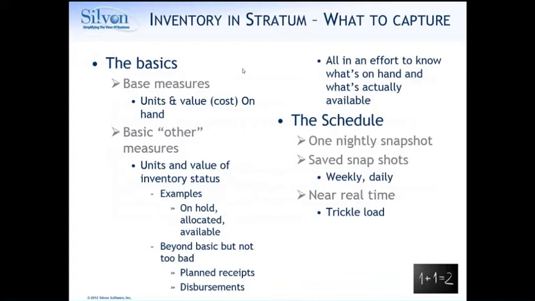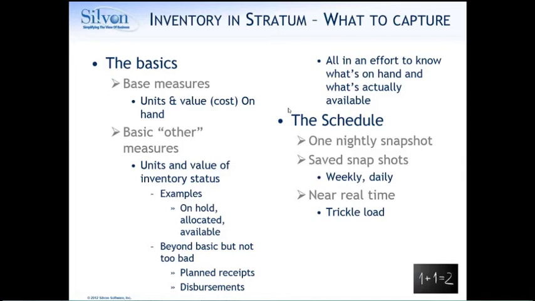It might be more complicated, where we have to grab a beginning balance and begin to track where we're at off of that. So most of the time, these are two numbers that we can get, and that would get you your basic inventory information.